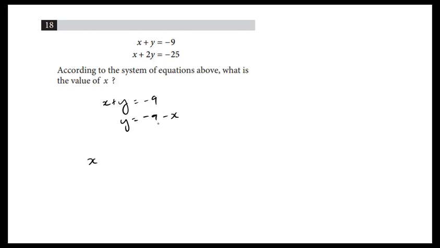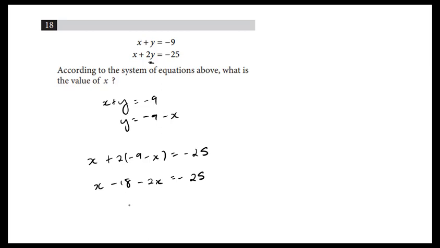So if I substitute that into here, I get x plus 2 times minus 9 minus x is minus 25. And expanding the brackets, you get 2 times minus 9 is minus 18, 2 times minus x is minus 2x, is minus 25.